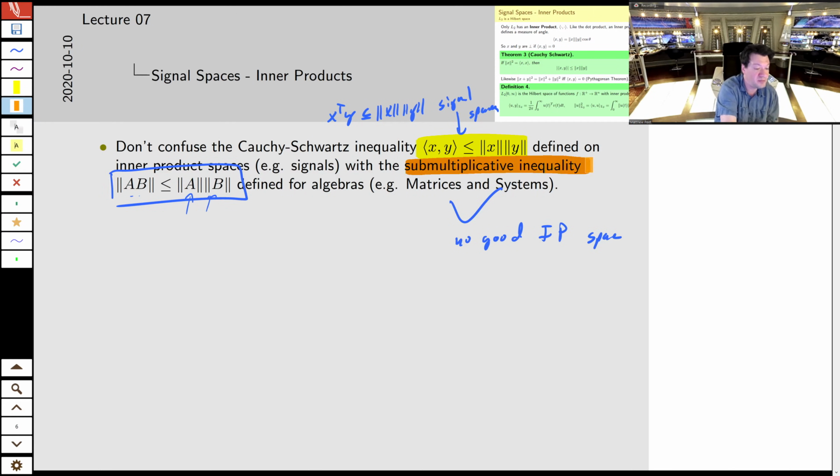It's called the submultiplicative inequality, and we'll come back to that later because it'll be very useful. But it's not the same thing, so don't conflate these ideas. They look similar, but they're not the same. One is defined using an inner product, and one is defined using a composition, a sort of multiplication. So very different things. This is not multiplication. This is inner product.